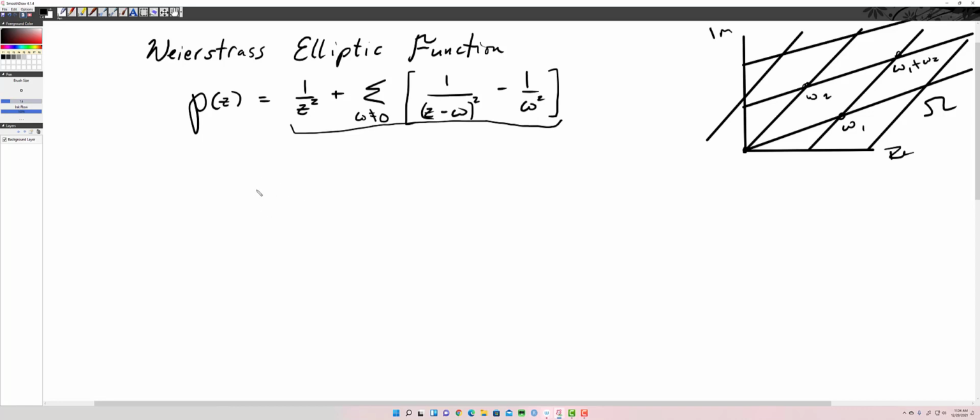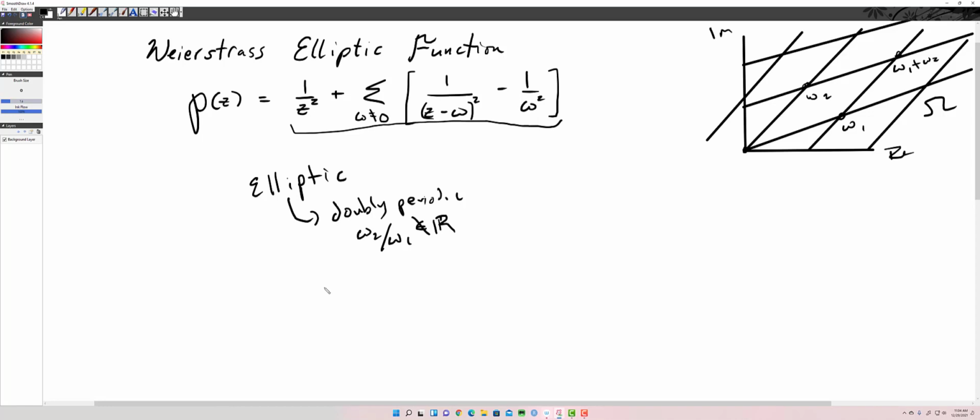And how did we get here again? Well, we looked at what an elliptic function could be. We found out by definition, I should say, the elliptic function is doubly periodic with two periods, omega 1 and omega 2, that are complex, and their ratio is not real.